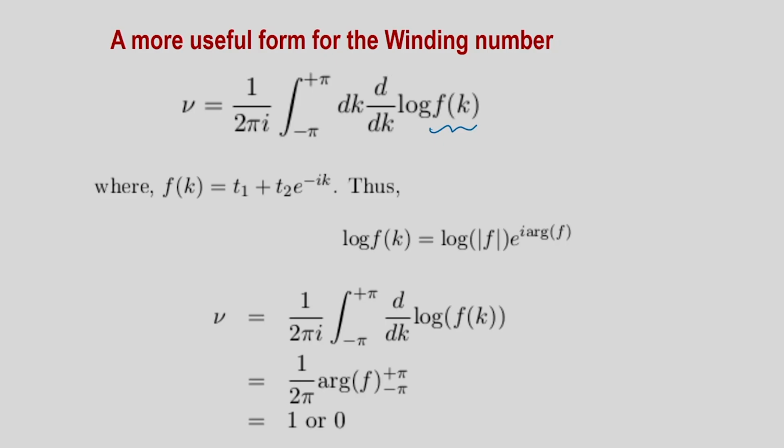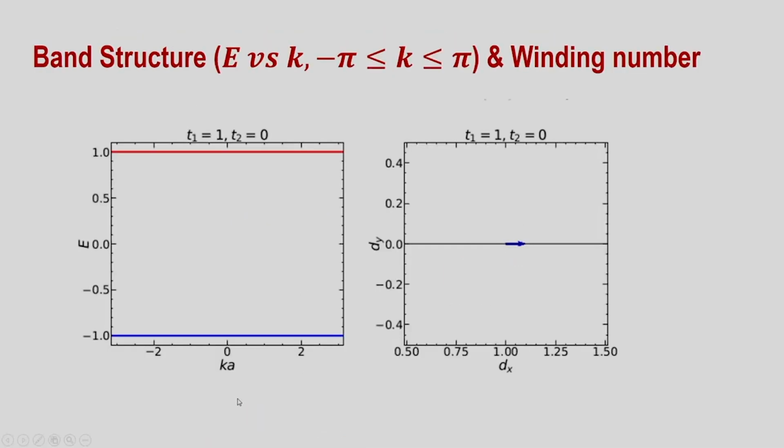Everywhere we have taken a equal to 1, where a is the nearest neighbor carbon-carbon distance or the lattice spacing. If you take log of f of k, write it out and do a little bit of algebra, this will give you the winding number to be 1 or 0, depending upon whether the exceptional point or the singular point is being wound or not, whether the system winds this thing.